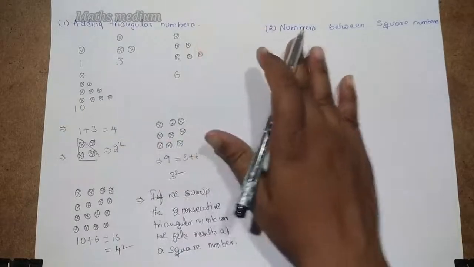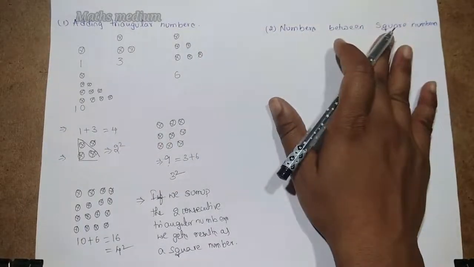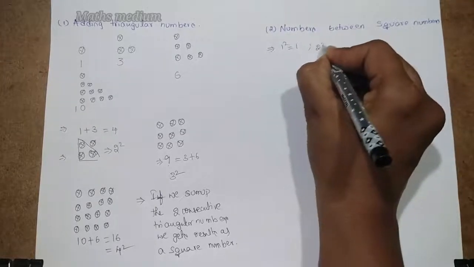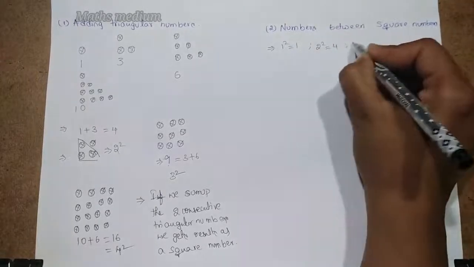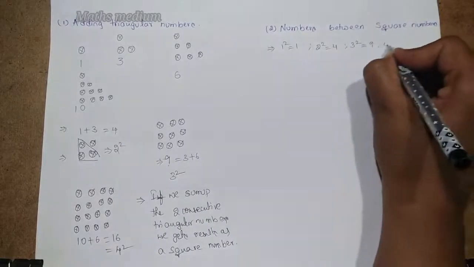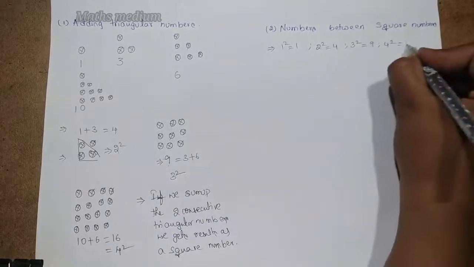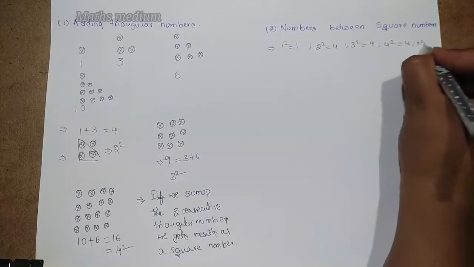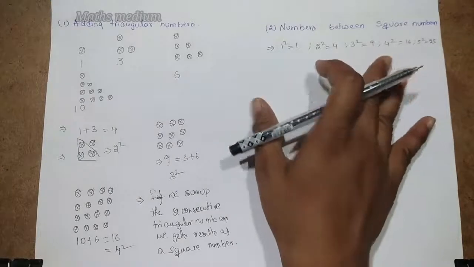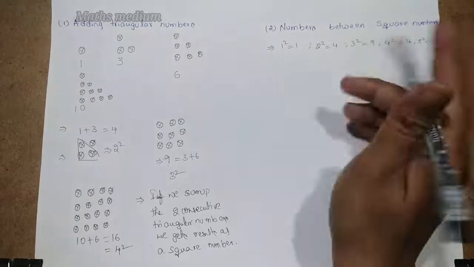Next, coming to numbers between square numbers. See, 1 square is equal to 1, 2 square is equal to 4, 3 square is equal to 9, 4 square is equal to 16, 5 square is equal to 25. I am using these squares for this example because it is easy to understand, right?